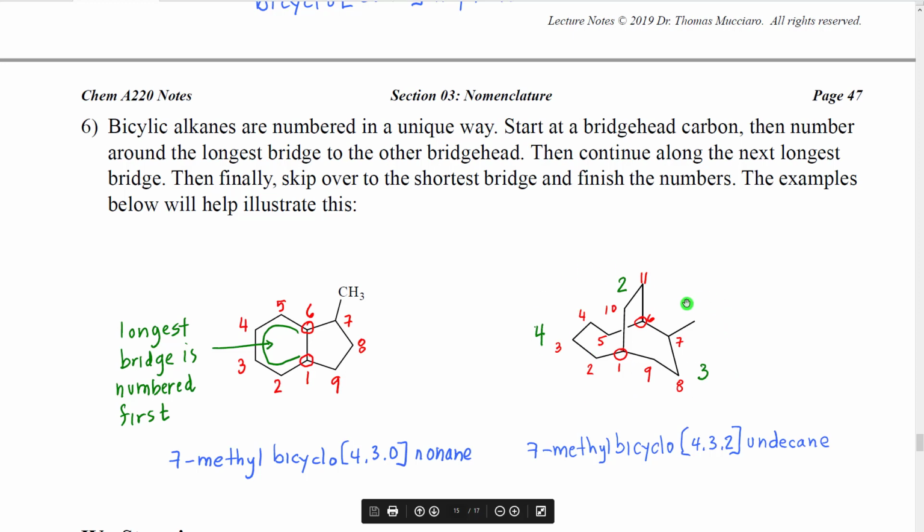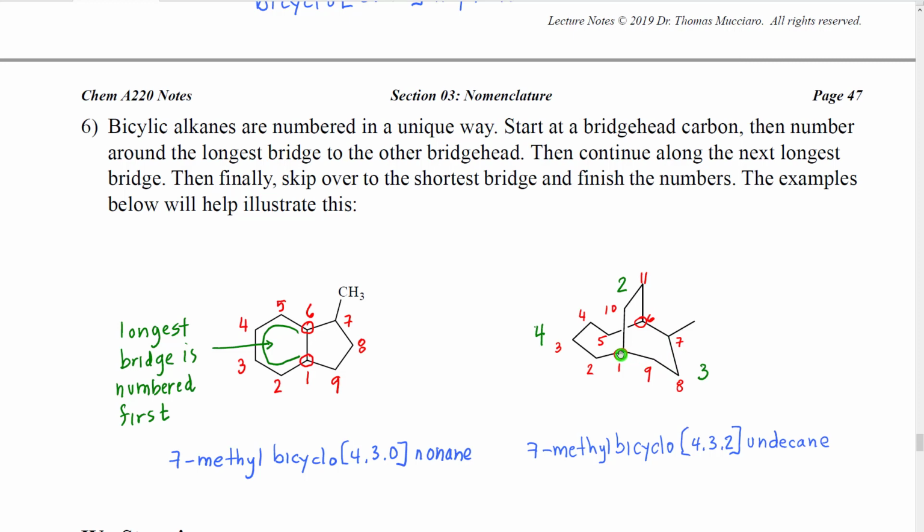This is a sort of larger bicyclic molecule. It has multiple bridges. Again, we're going to start at a bridgehead. We're going to number around the longest bridge. The longest bridge in this case has 4 atoms, and it's this one right here. So we go, starting here, 1, 2, 3, 4, 5, 6. We then go to the second longest bridge, 7, 8, 9.